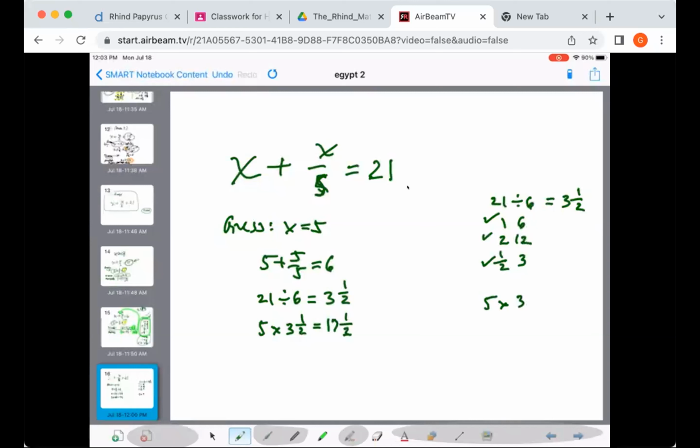Good. Now I need to look at probably 1/2 and 2/3, which are always good options. So 1/2 would be 3, 2/3 would be 4. I needed to add up to 21.